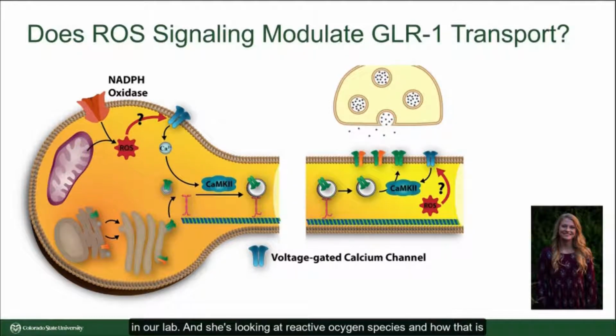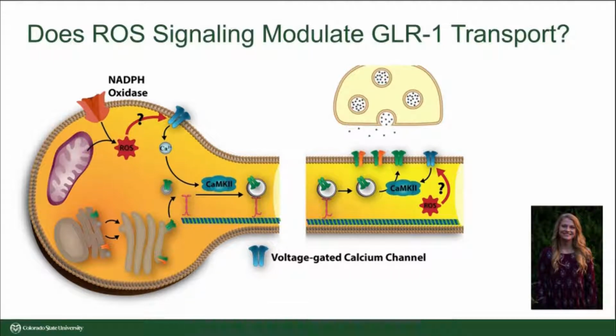So a really cool project that's been happening is one by Rachel in our lab. She's looking at reactive oxygen species. And the reason that she started on this was because Fred touched on it a little bit in his 2015 paper, where they were looking at a type of catalase, so presumably increased reactive oxygen species, and how that is working in this pathway of glutamate receptor transport.